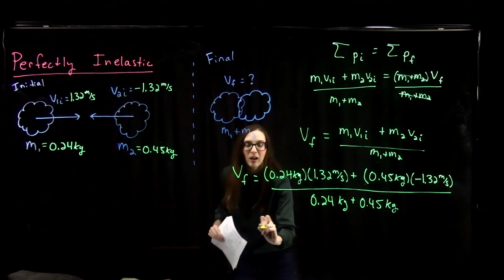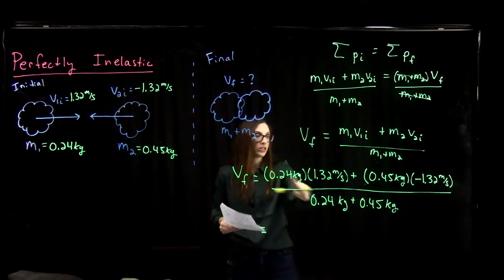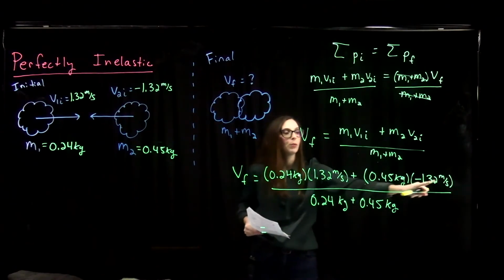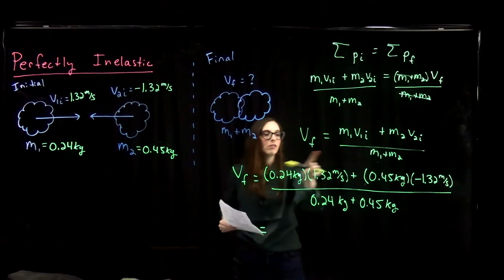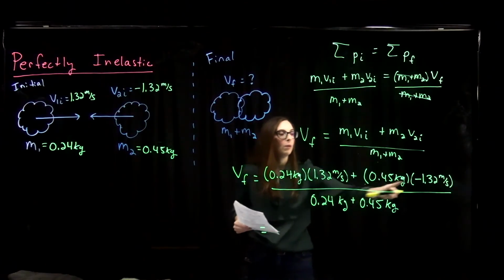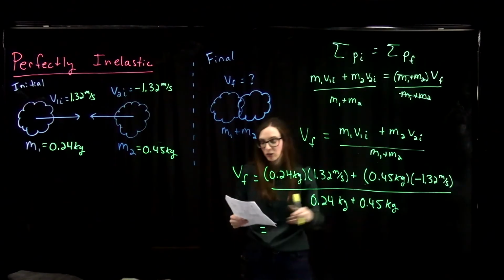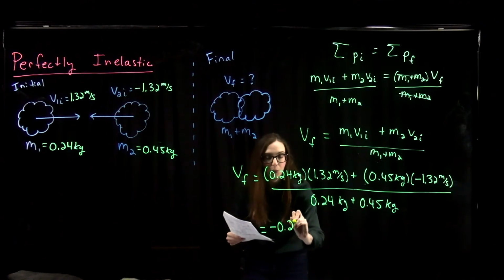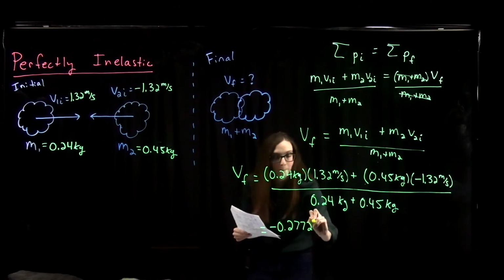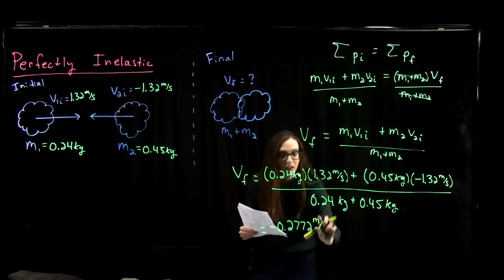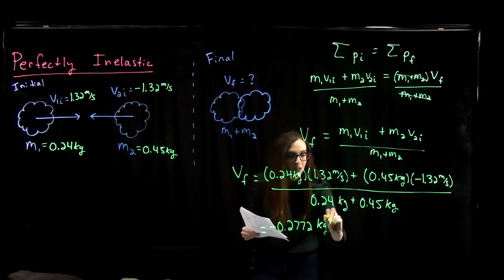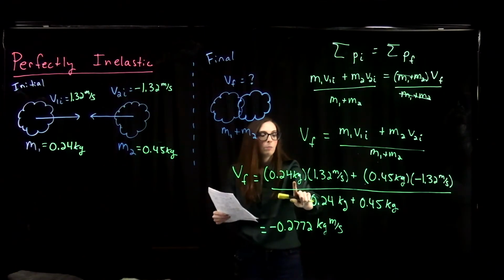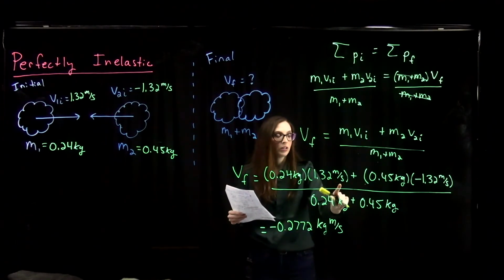All right, and then that will equal, on top, if I do just this top row, or the sum of these quantities above, on the top of my fraction, that's going to be minus 0.2772 kilogram meters per second, because we're taking a mass and multiplying it by a speed.